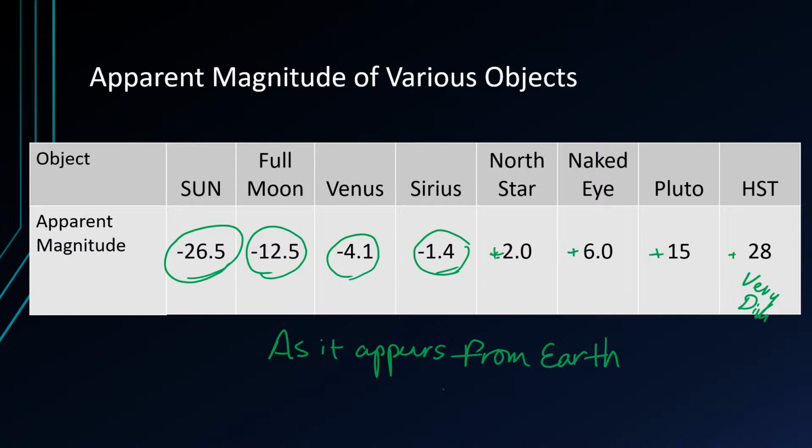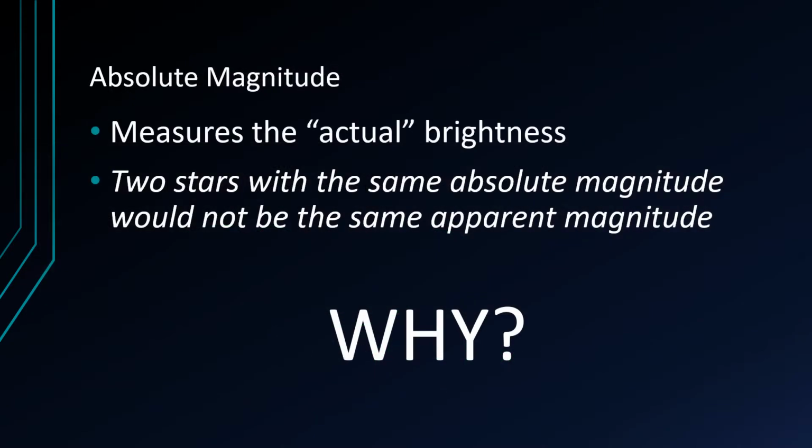So the question is, though, if the sun's negative 26.5, I mean, let's think about this. Is Sirius that much dimmer than the sun? Well, no, because we need to look at absolute magnitude. And so this measures the actual brightness.